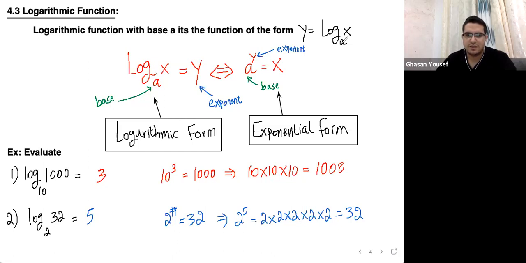This a is greater than 0, and a is not equal to 1. And this x must be positive, x is greater than 0. These are very important rules for the logarithm function.